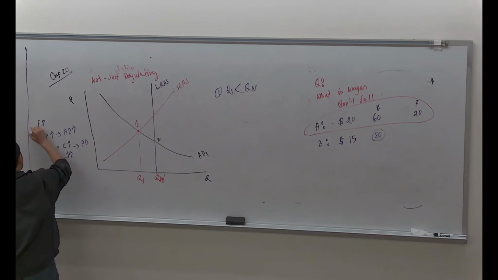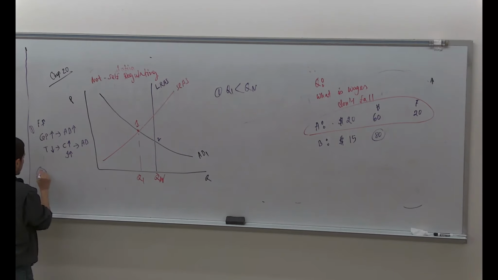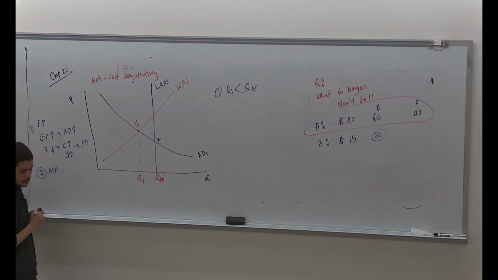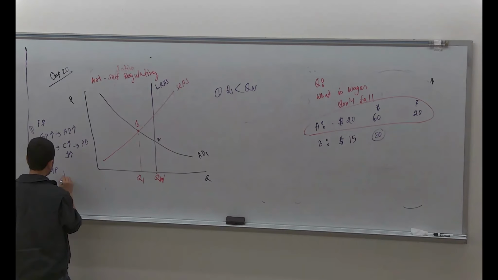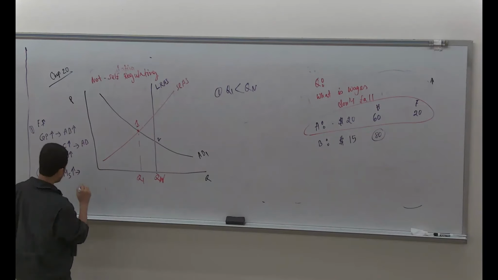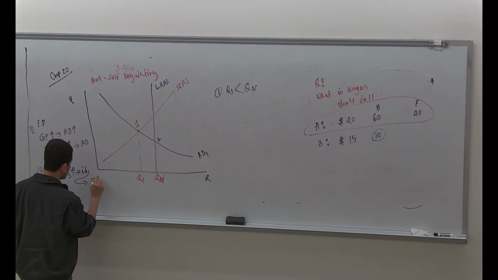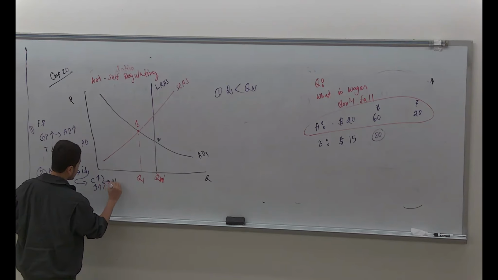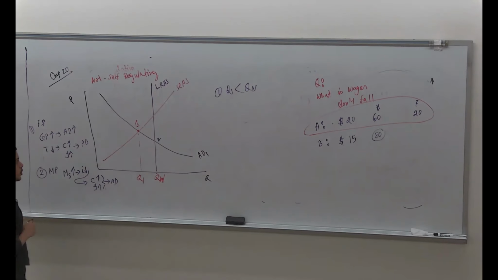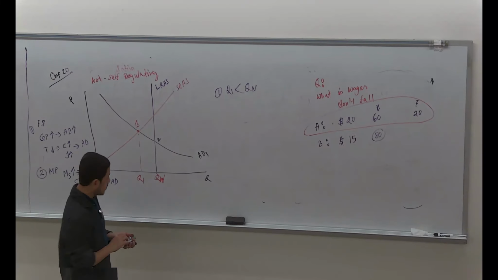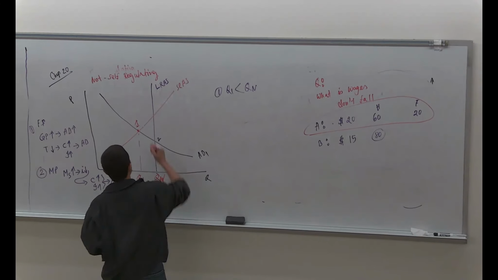This is one way. Another way is that the government can use monetary policy to increase aggregate demand. The government increases the money supply. When the money supply increases, we know that the interest rate will fall. When the interest rate falls, consumption increases, investment increases, then we know that AD will shift. So the government can use both policies or one policy to shift aggregate demand, and this is actually more effective.